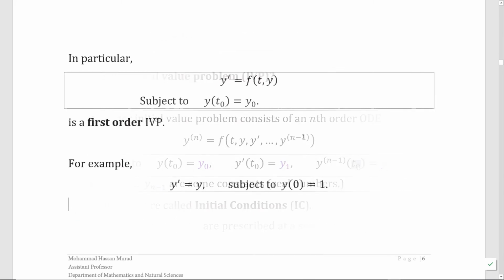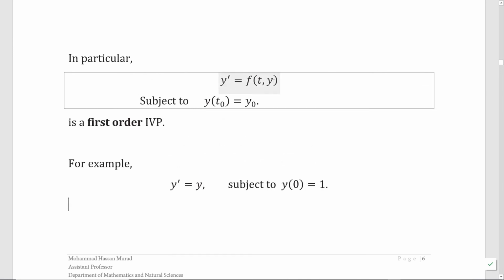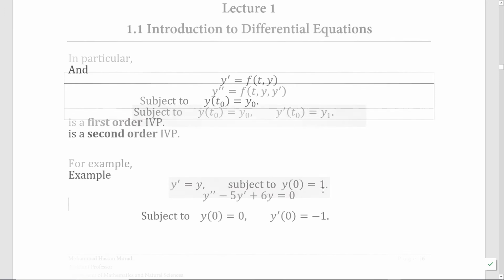In particular, the equation shown in the box subject to this equation is a first order initial value problem. For example, y prime equals y is a first order ordinary differential equation subject to this condition, which reads, the value of the dependent variable when the value of the independent variable is 0 is equal to 1.